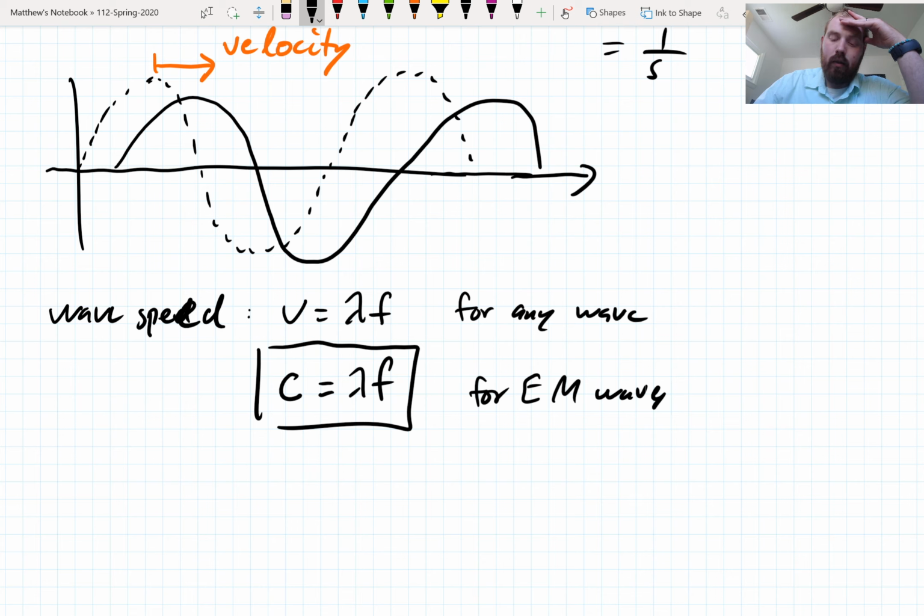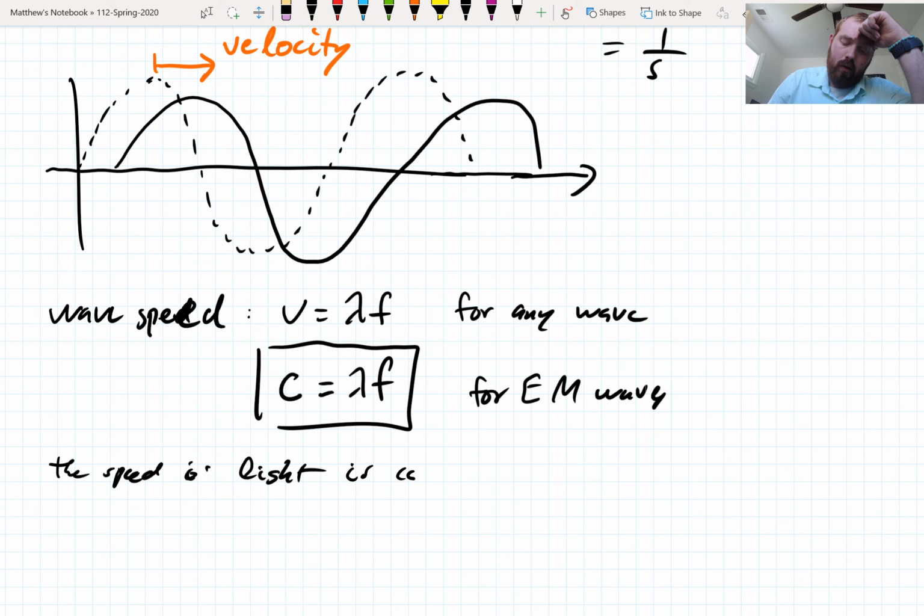And notice that by definition, laws of physics, the speed of light is constant. This is going to come up very important for us shortly.